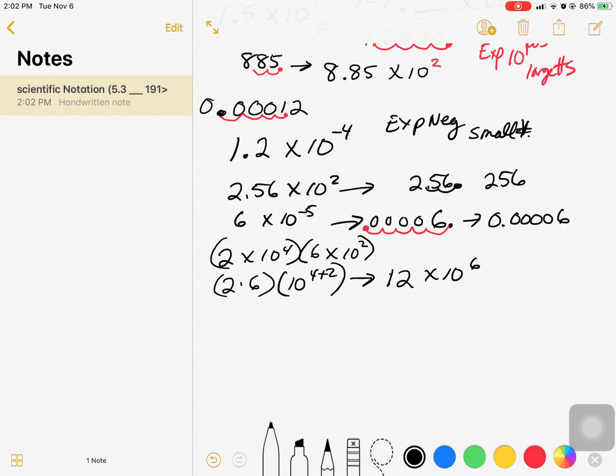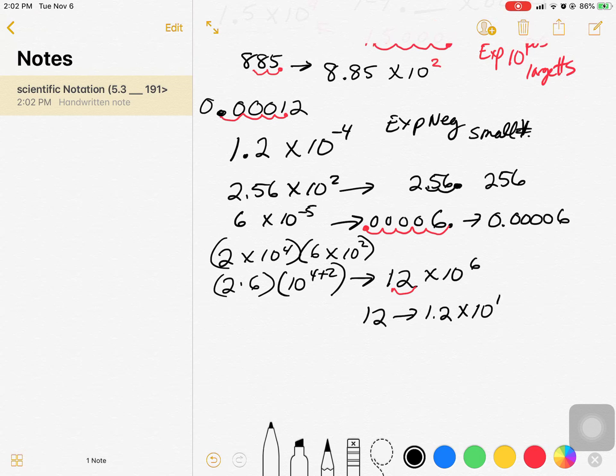But it's not proper scientific notation because I have the decimal right now here. I need to move it back over to here. So this is how I do this, so I remember not to mess this up. A 12 is what in scientific notation? A 12 is 1.2 times 10 to the positive 1.